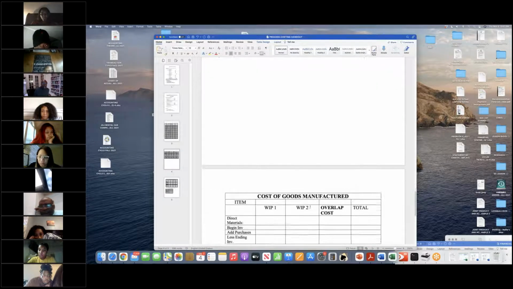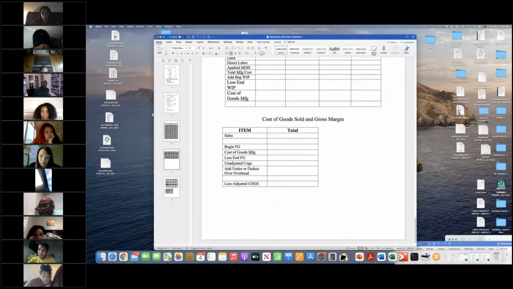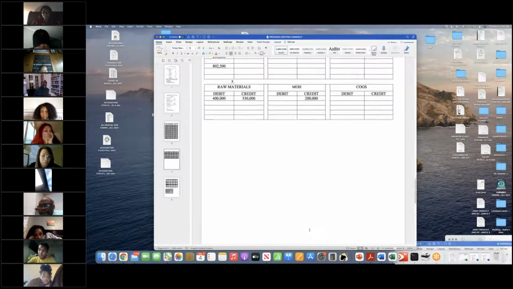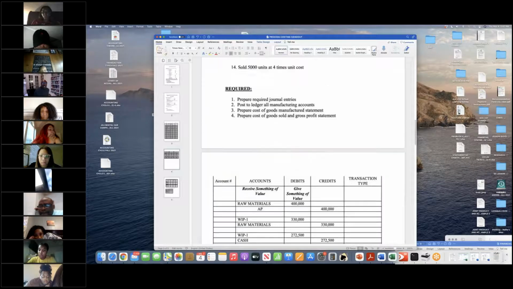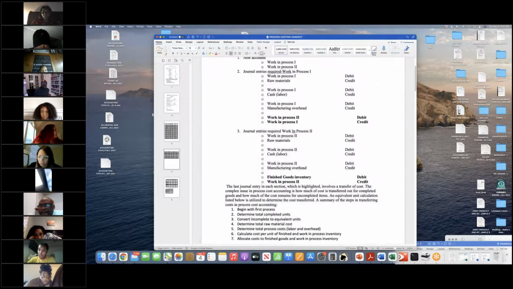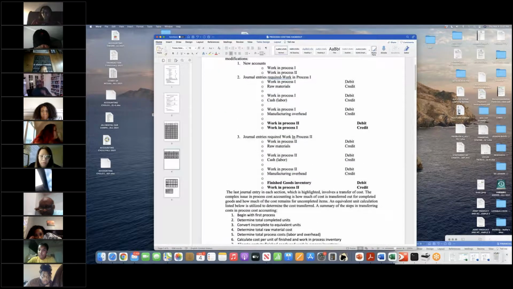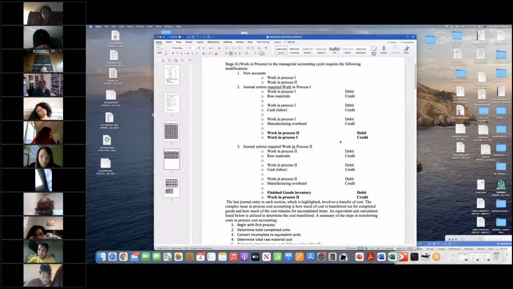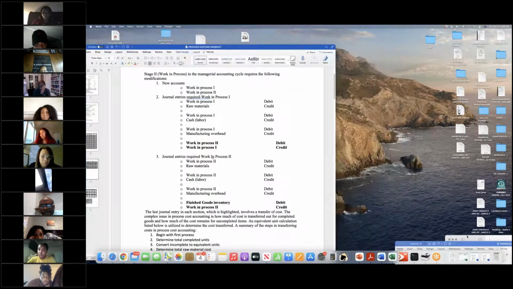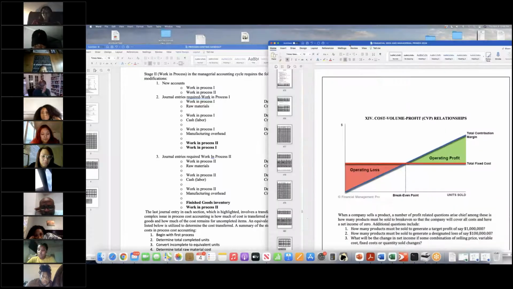And so we have a chart in here somewhere. I did not get it in here. Okay, I guess you have this in your other handout, correct? So we need to pull those charts in.